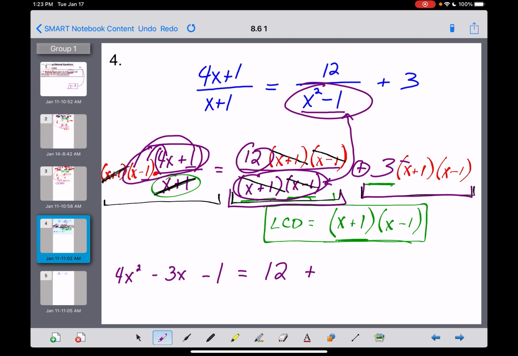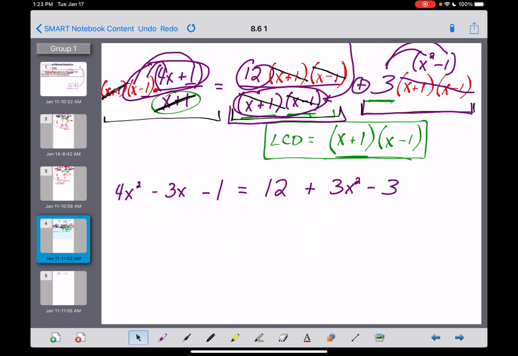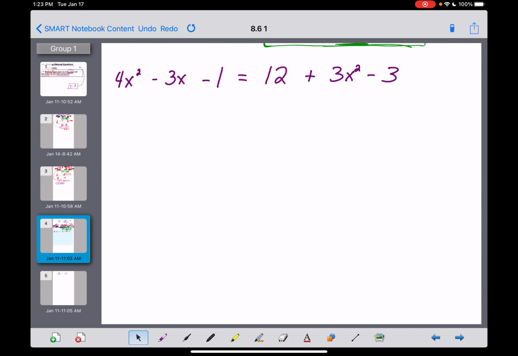So multiplying these two back out would get us right back where we started at x squared minus 1. And now I'm just going to distribute the 3 in there to get a plus 3x squared and then a minus 3 at the end of all that. Okay, so I was able to kind of skip a step right there and maybe get done just a little bit quicker. Okay, so here's where we are right now.